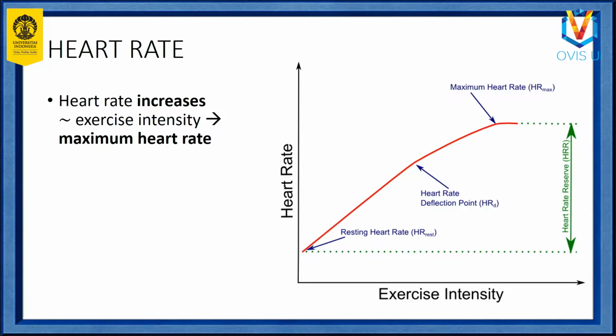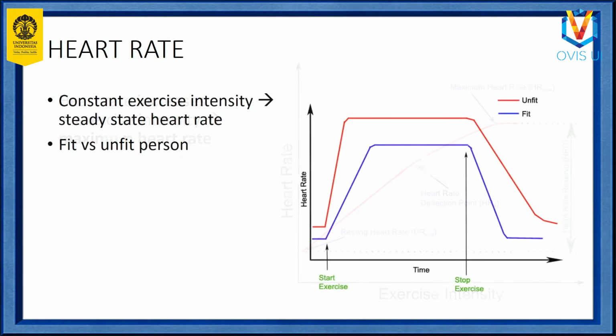With increased workload, heart rate increases due to further vagal withdrawal and sympathetic activation. If exercise intensity remains constant, heart rate will level off. This is known as a steady-state heart rate. At this point, the demands of active tissue are adequately met by the cardiovascular system.